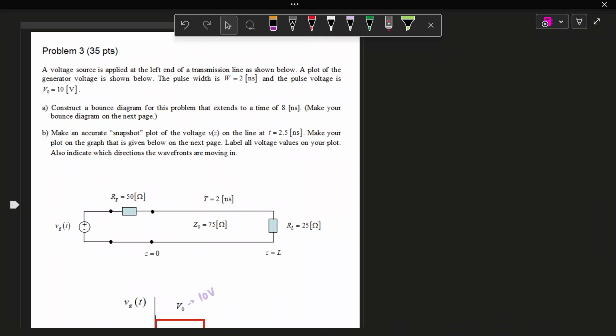Okay, so first thing we have to ask ourselves, because I'm assuming y'all have an idea about what these bounce diagrams look like, but what exactly are they? Well, they're a way to visualize what the voltage is at different times and at different lengths of our transmission line.